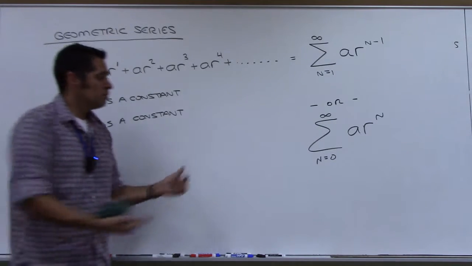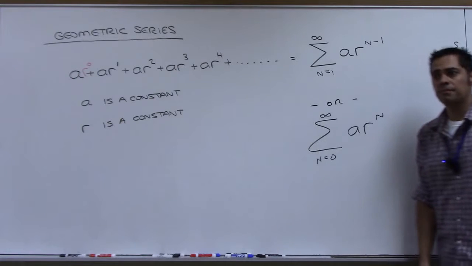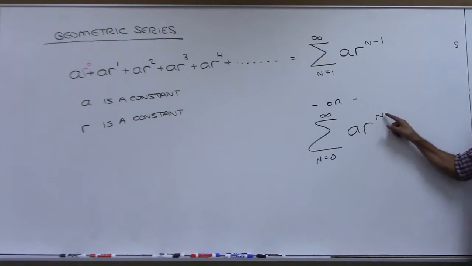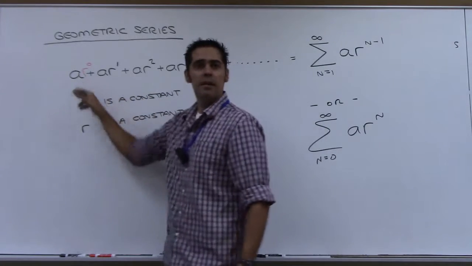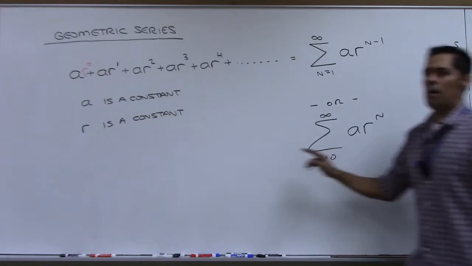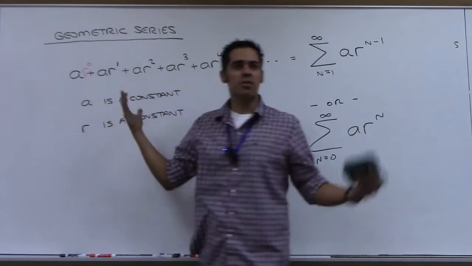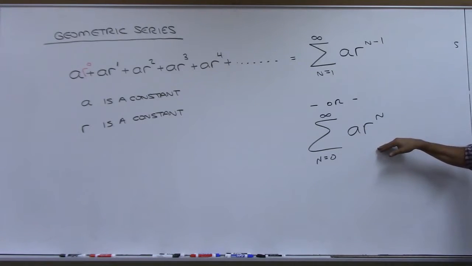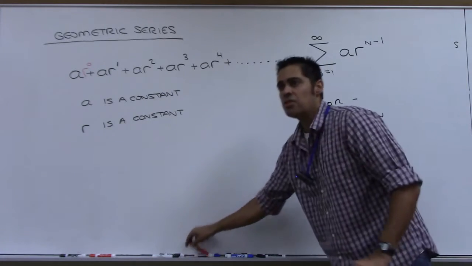Look, does this create the same thing? Let n be 0. What do you get? AR to the 0. Now let n be 1. What do you get? AR to the 1. So don't you create the same series of numbers using this and this? The only difference is where I started my index.